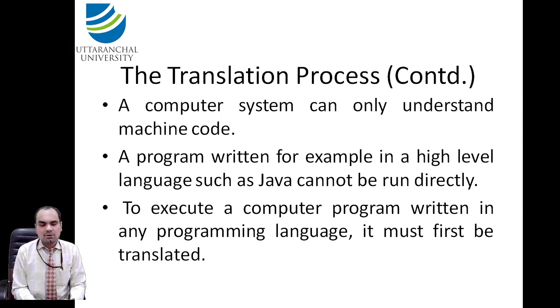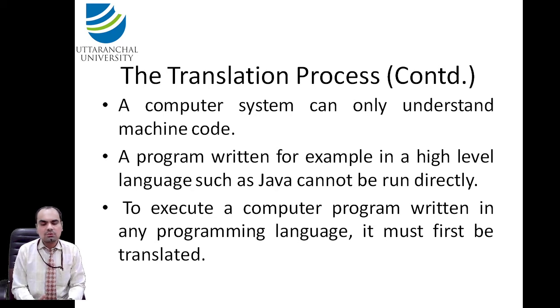In the translation process, a computer system can only understand machine code, and a program written in a high level language such as Java cannot be run directly. We have to install particular software and language, and execute the program before starting it.